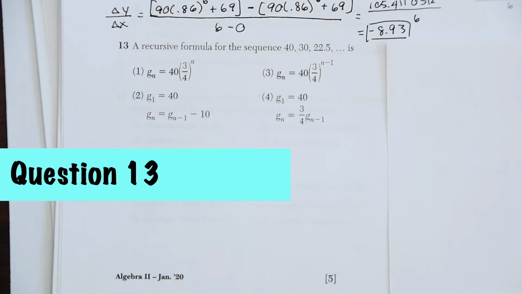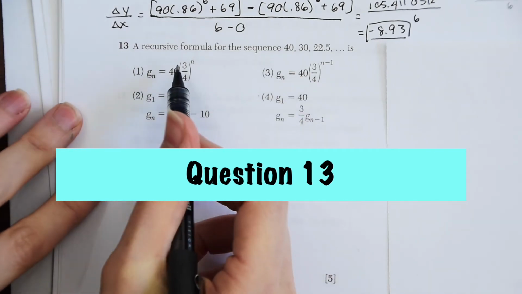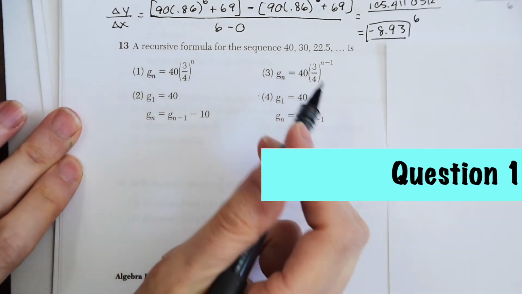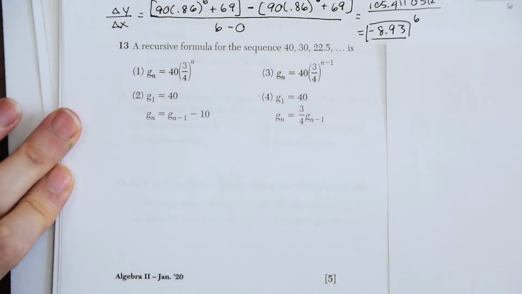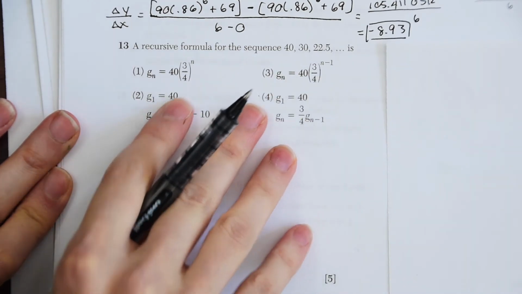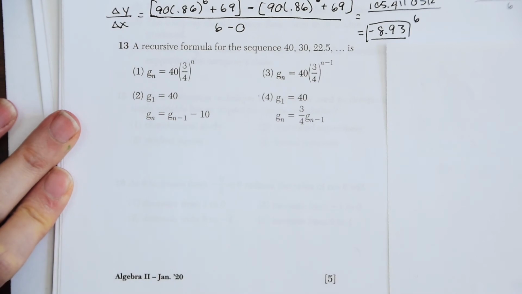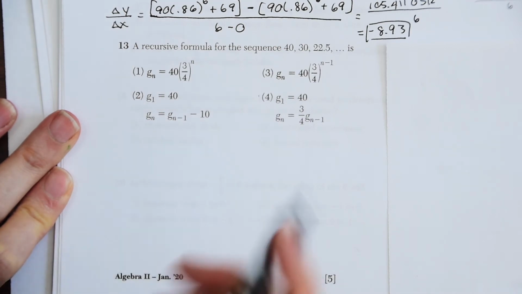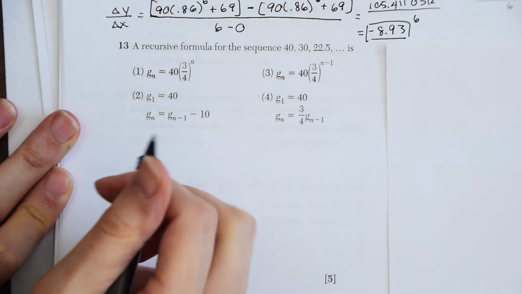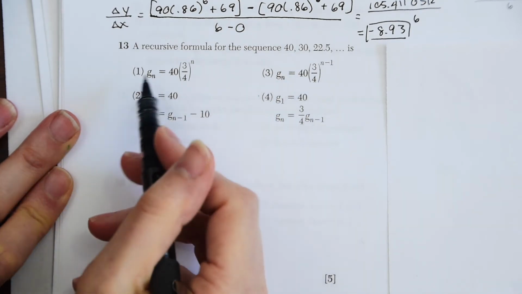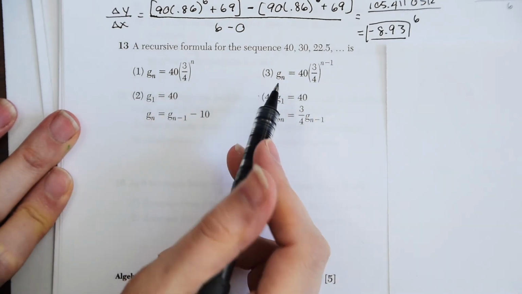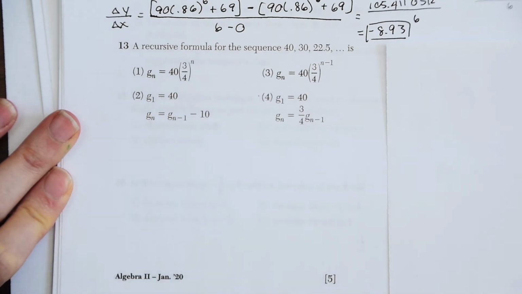For question number 13, we have a recursive formula for the sequence 40, 30, 22.5. So now we've got to work backwards, work through these recursive formulas that we have here and see if this matches the sequence they give us. So if you look right away at choice 1 and 3, they are not even in the right notation.